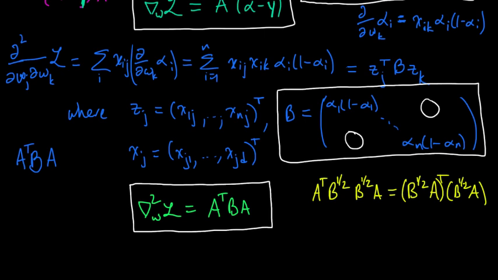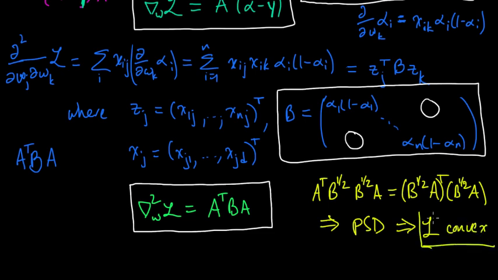And for a matrix like this, you can verify that the eigenvalues are always non-negative. That's an easy thing to check. And so that implies that this Hessian is positive semi-definite, and therefore L is convex.